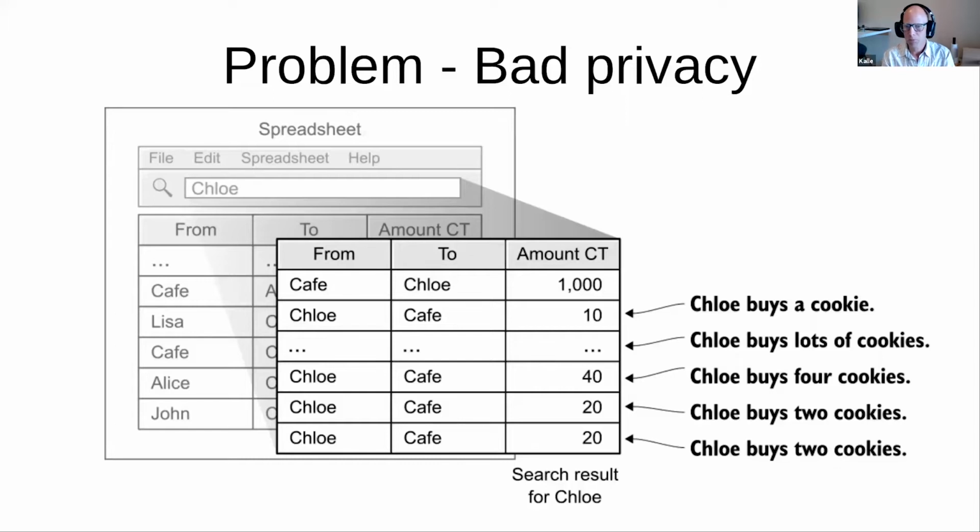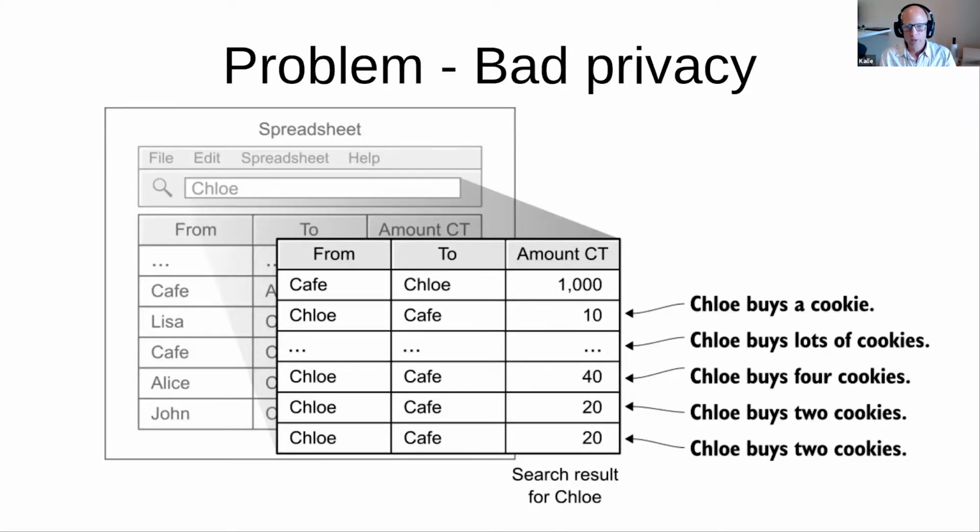And this might be very interesting information for, I don't know, insurance companies or other people, governments maybe. This is just horrible privacy. No one wants to show to the whole world how they spend their money, how much and to whom. So this is really bad, and we want to get rid of this problem.